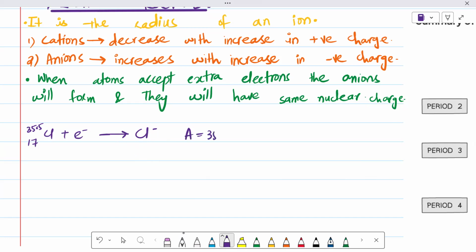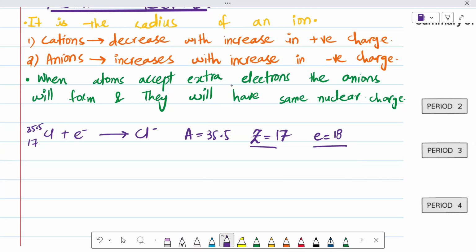A is 35.5, Z is 17, right? 17. How many electrons are there? There are 18. And how many neutrons are there? We do not need to know about the neutrons because they don't have any charge. At this stage, if you see the proton number and the electron number, the electrons are more, right? This is what I am saying.